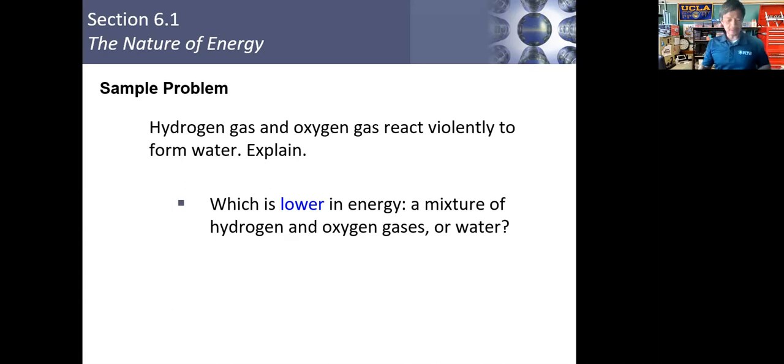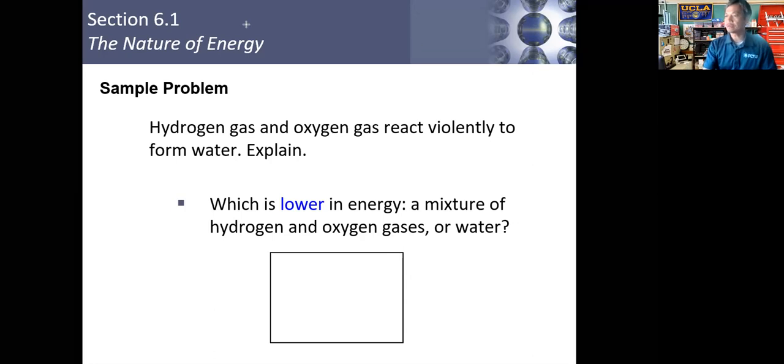Okay, let's go ahead and take a look. I have enough room here, so I'm going to draw my box right here to represent my system and my surroundings. So we have the system, and our surroundings out here.